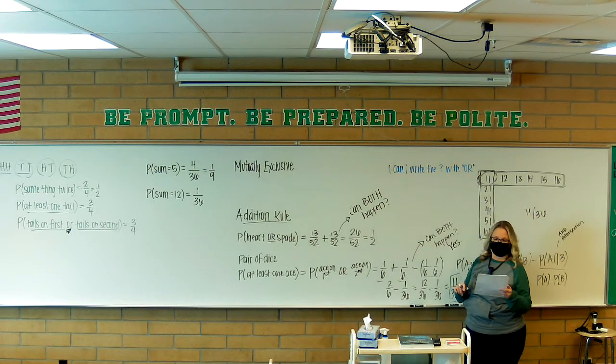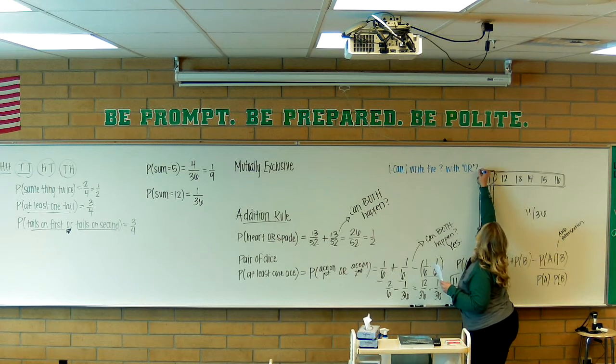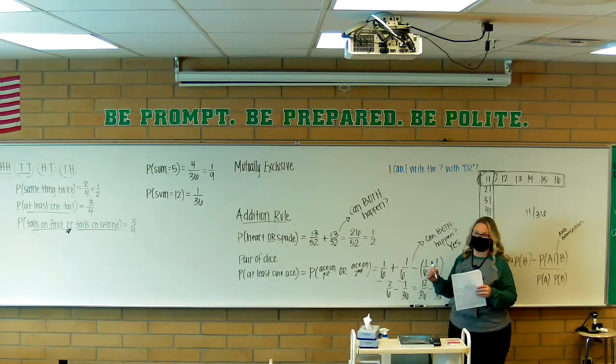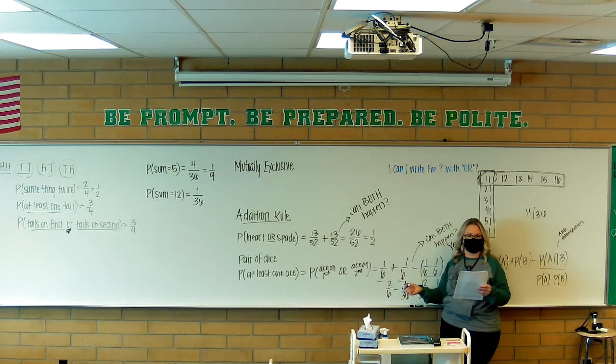So when it says, what is the probability of getting at least one ace, can I rewrite that question using the word or? The answer is yes, because I could write it as what's the probability of getting an ace on the first or an ace on the second. That would be at least one ace in the mix.